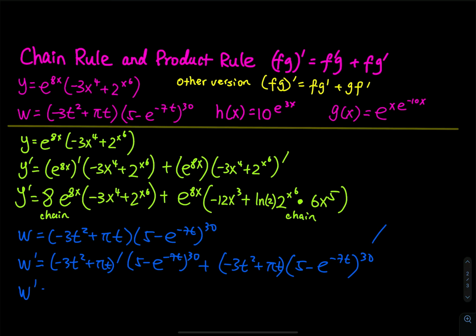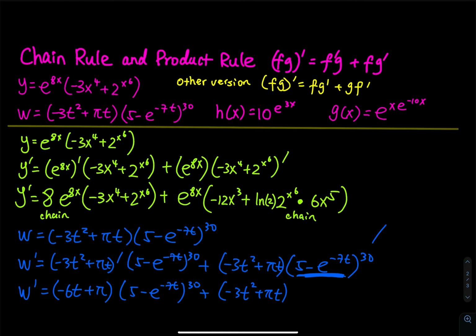So w prime is equal to, this is a negative 6t, right? And then plus pi, copy the second factor, and then copy the first factor, and then times the derivative of that. So we have everything inside the parenthesis raised to the 30th power. So we need to bring the 30 power first, whatever inside raised to the 29th power, and then we multiply the derivative of the parenthesis.